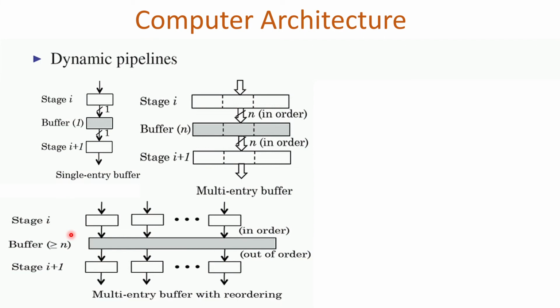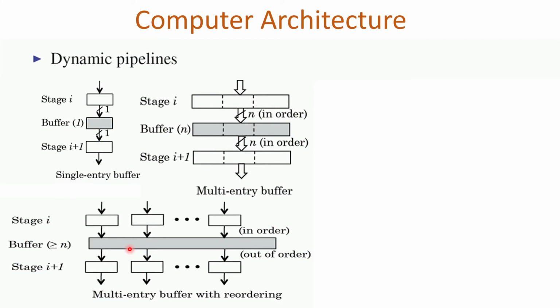And the problem we will face here is this: suppose we have I1 to I10, a total of 10 instructions in a program, and among them 3 or 4 instructions are independent.